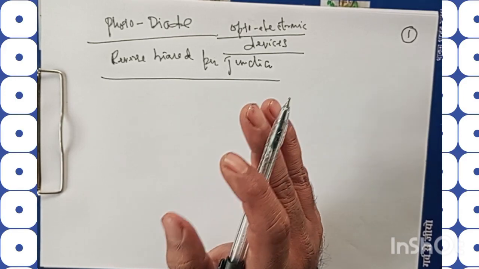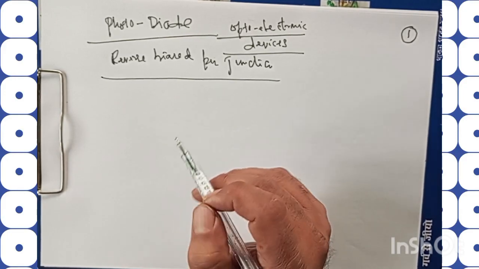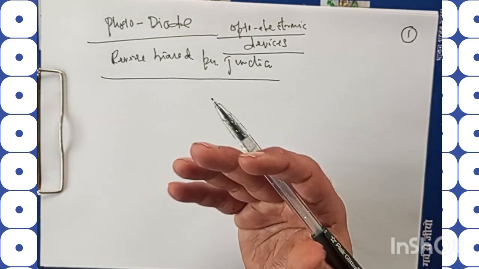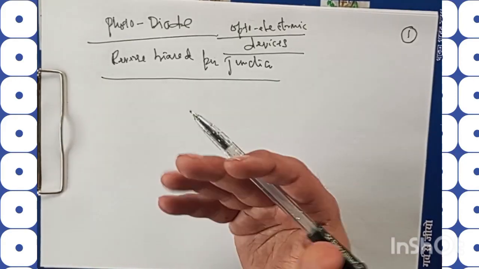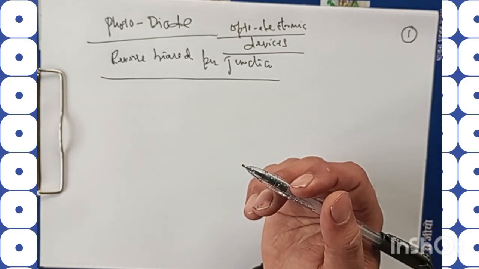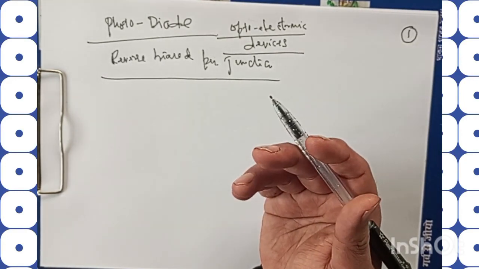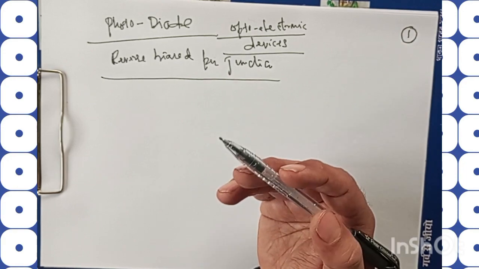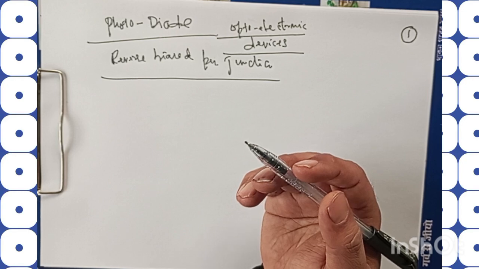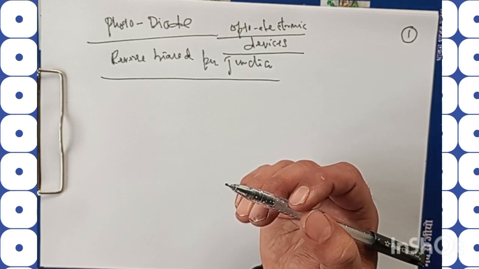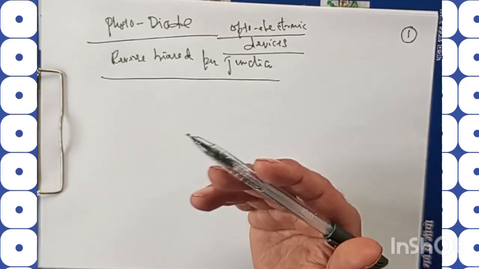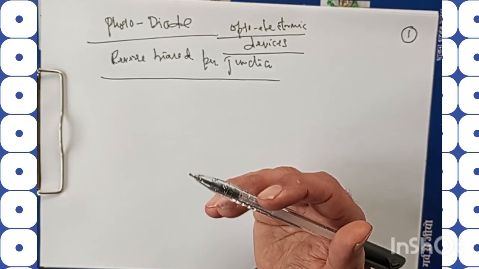In this case, the reverse bias is kept below the breakdown voltage, as we understand from the reverse characteristics of a PN junction. In principle, the conductivity of this photodiode changes with the absorption of light around its depletion layer. So this becomes the basis for this photodiode.